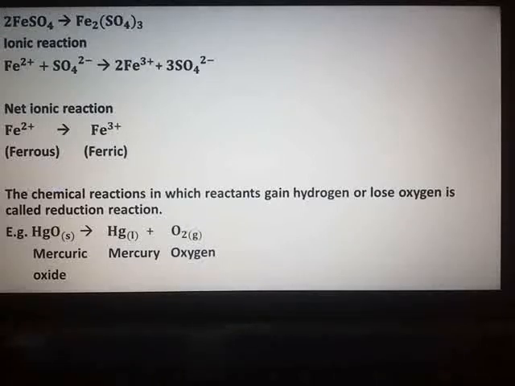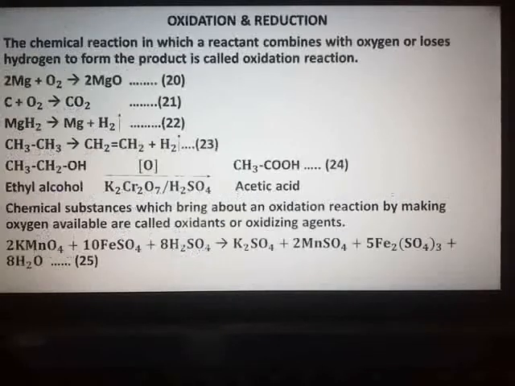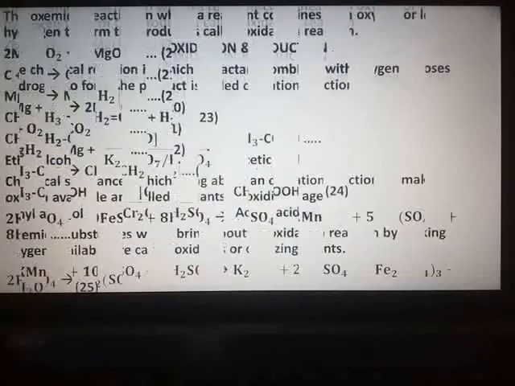So what is the net ionic reaction? Fe2+, that is ferrous, getting converted into Fe3+, that is ferric. So what you can infer is that the net ionic reaction represents the oxidation brought about by the chemical oxidant. Which chemical oxidant? KMnO4, that is potassium permanganate.